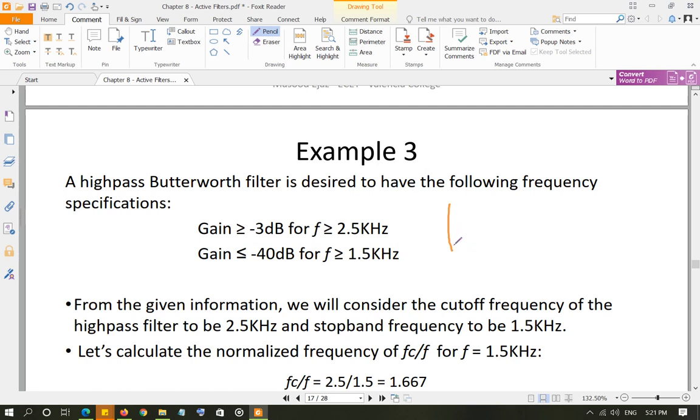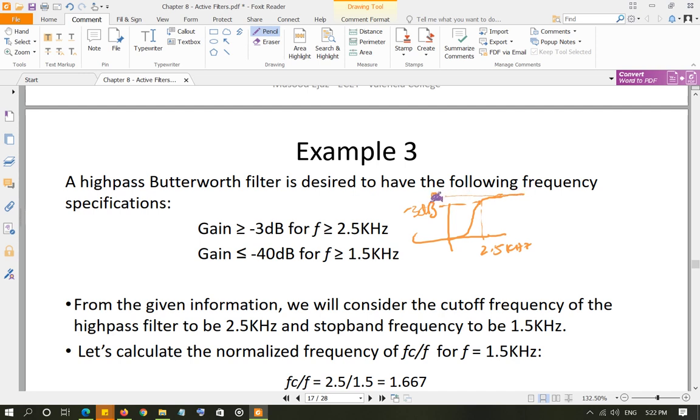So your filter looks like this. This is still your cutoff frequency, 2.5 kilohertz right here, and at that you have a gain of negative 3 decibel.